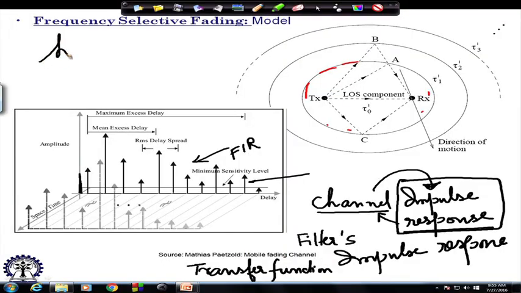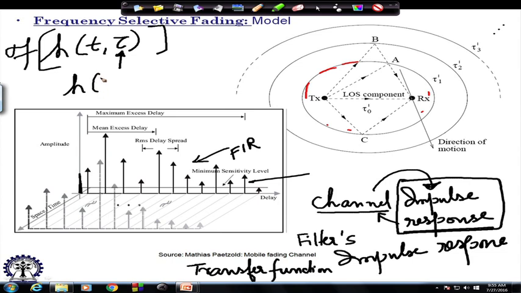So, in this case, h of t comma tau is the impulse response. We will describe how to describe it, and you take the Fourier transform of it. When you take the Fourier transform, you do not take it across the t, you take it across this delay axis, because in filters what you have studied is the filter impulse response h of tau, and there was no t in it because it was a time invariant response.